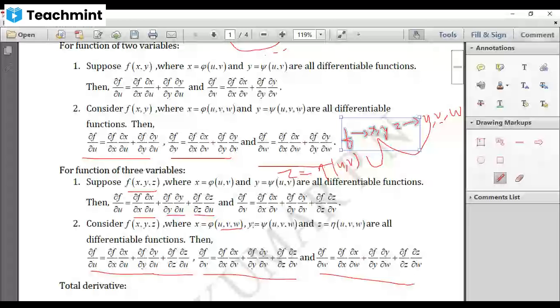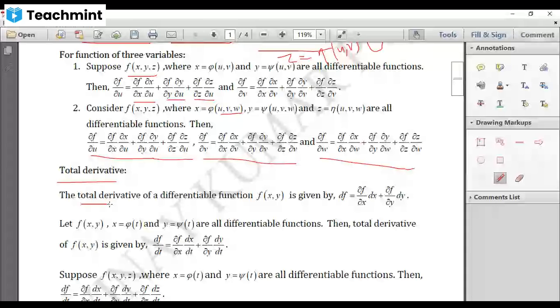Total derivative. What is meant by total derivative? It's a differential. Total derivative is a differential of the function f(x,y), which is given by df is equal to, because your f is dependent on x and y, the rate of change of x also makes changes in f, rate of change of y also makes changes in f.